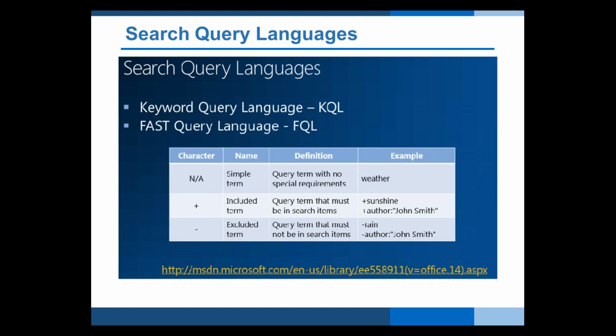And just a little tidbit, this does work in the big search company that starts with a G, it works with Bing, it works with our SharePoint search as an easy way to go in and refine search. So you can do weather plus sunshine to add information about sunshine and minus rain, or today in our local area we've got lots of snow, so we could say minus snow. But again, we can add and remove that information simply with this keyword query language.